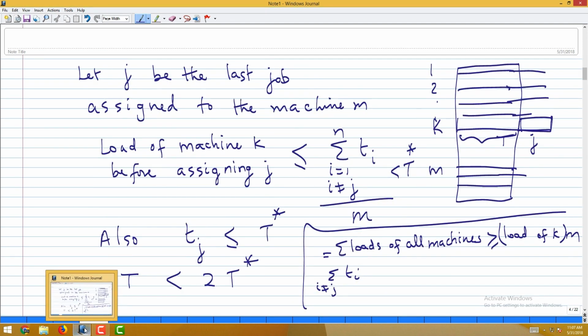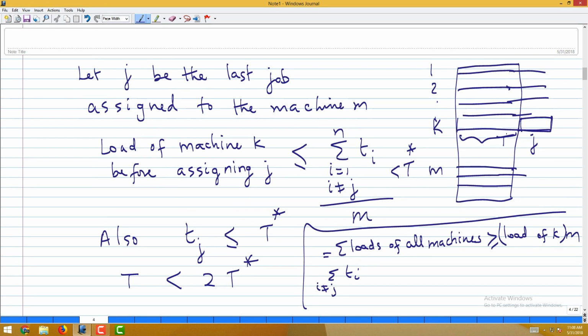Let us just come back to this argument. Now, look at this improved greedy, where we have organized first of all the times of the jobs in non increasing order, and then I am doing this greedy. Let us look at the machine that has the maximum load, and let k be that machine, and let j be the last job that is assigned to it.